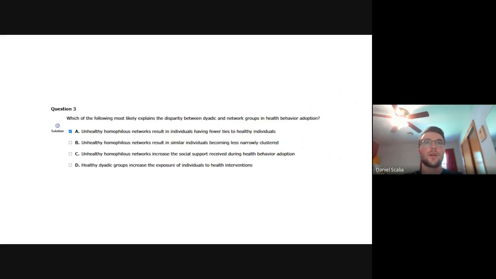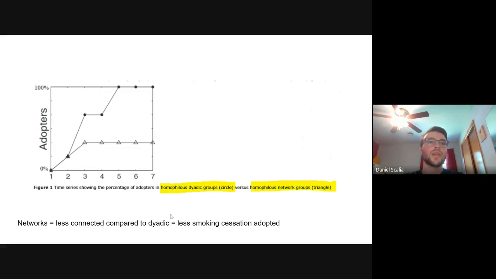Yes, that's correct as well. You just had to look at figure 1 for this, and it's a little wordy, but what you see is that the circle groups are the dyadic groups, and the triangle groups are the network groups. Dyadic means 2 people, versus a network, which is just a collection of people.